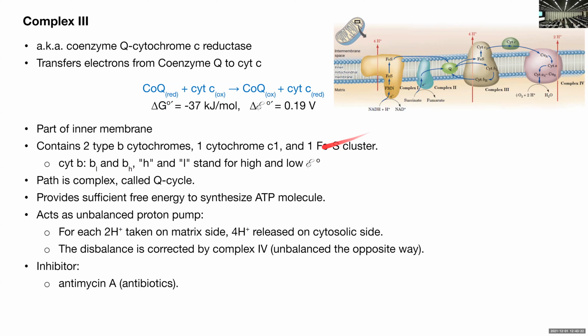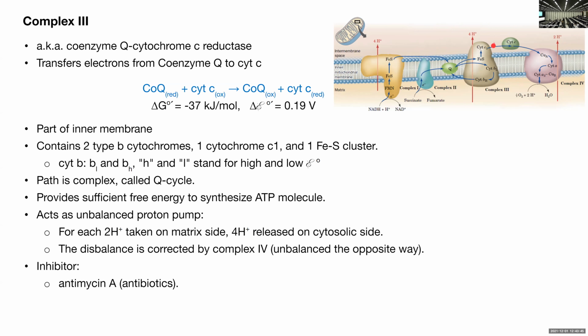Cytochrome BL means that it has a low E naught value, and BH, of course, has a high E naught value. The electron path is complex because, as you can see, it goes back and forth between coenzyme Q and complex 3. This system is called the Q cycle.